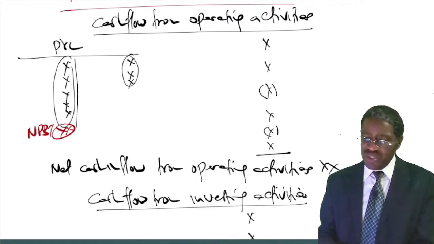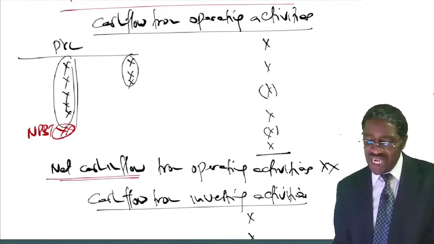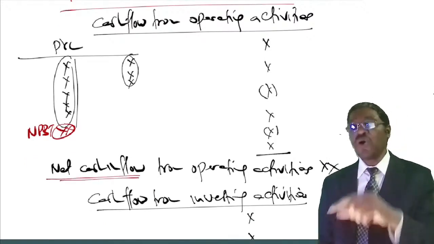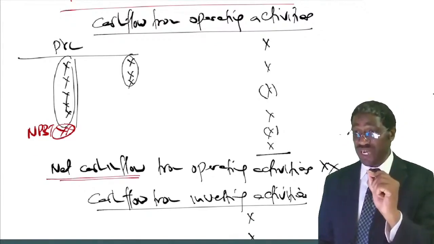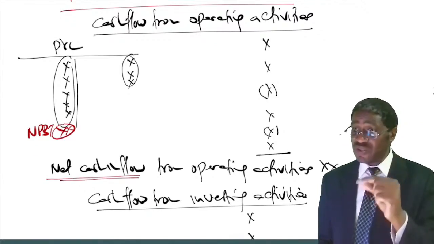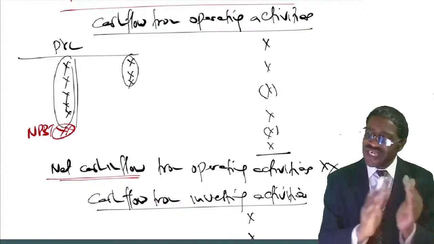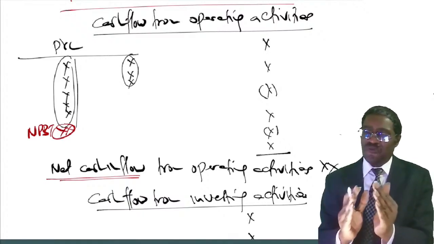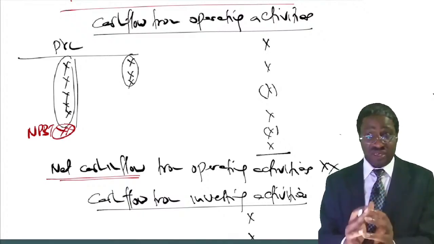We said we are looking for the net cash inflow, or outflow. If it is negative, it is an outflow; if it is positive, it is an inflow. We are looking for the net cash inflow from operating activities. Now listen.